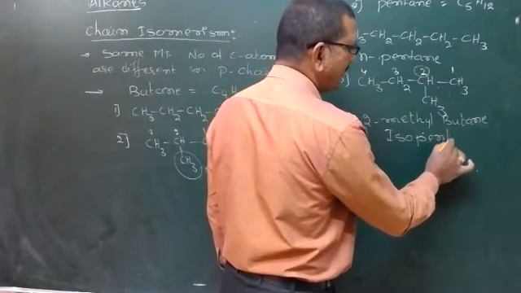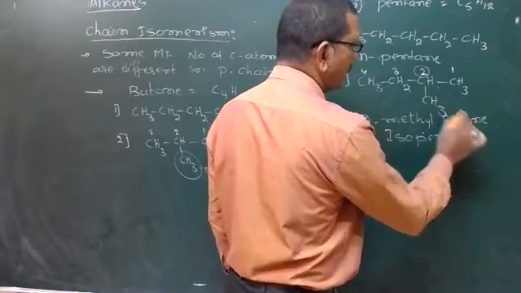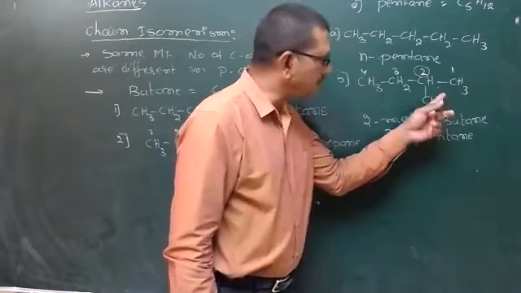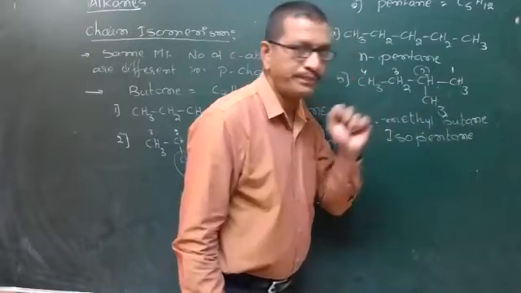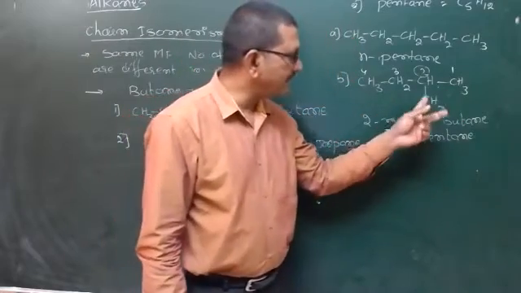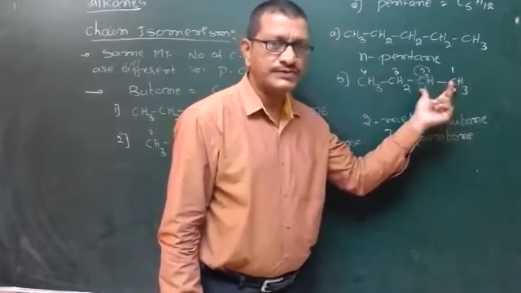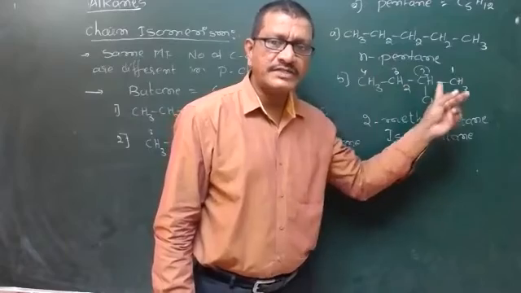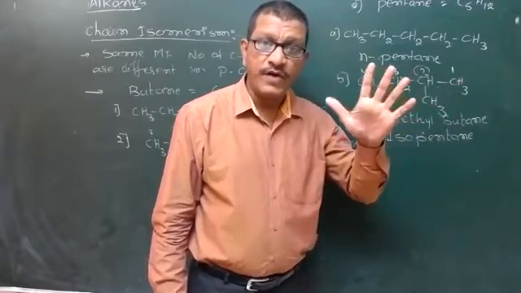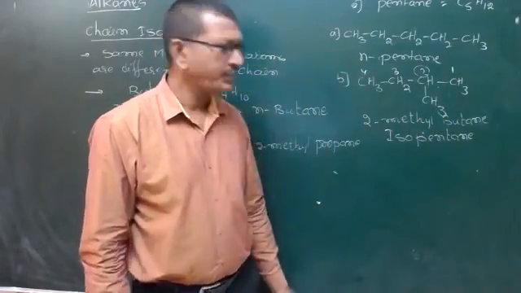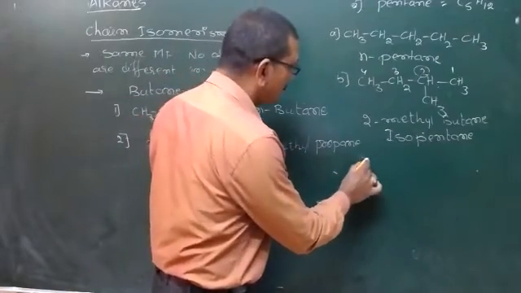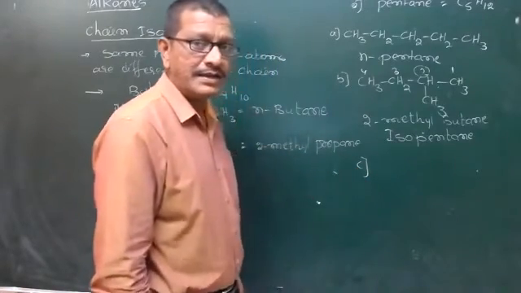Why is it called isopentane? This position, the CH3, is nothing but iso. But totally how many carbons are present in the molecule? 5. That's why it is called isopentane. The next one, the third one, is neopentane.